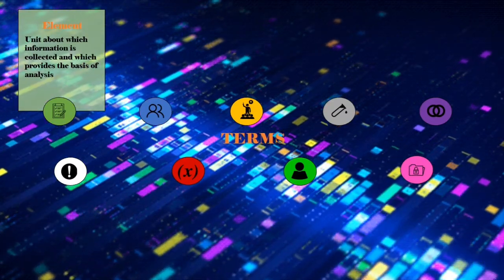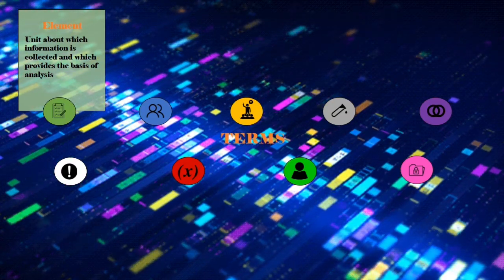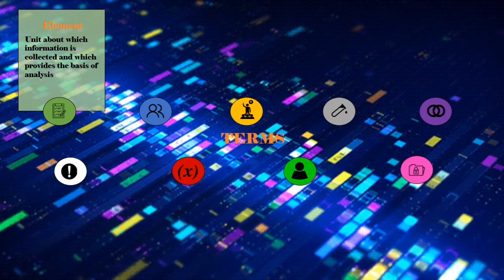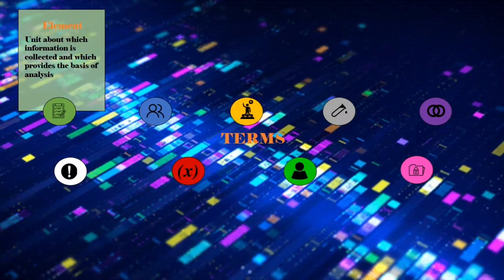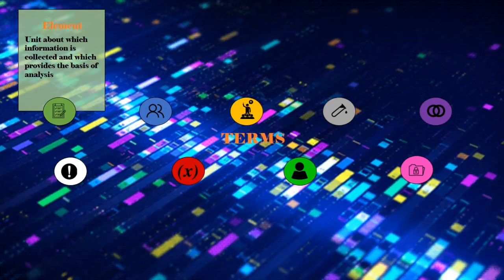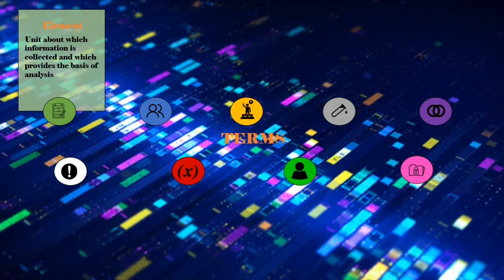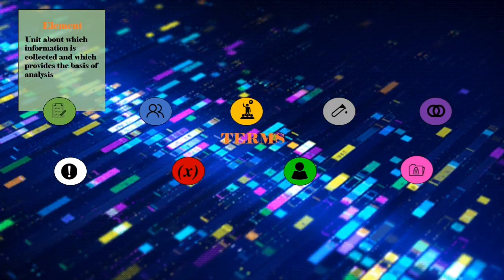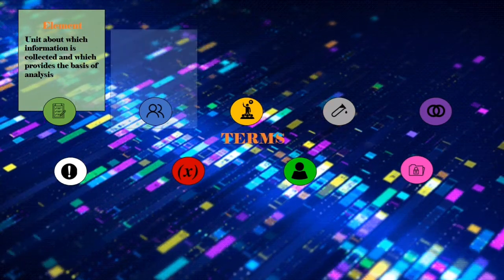This is a unit about which information is collected and which provides the basis of your analysis. So this element is actually the basic unit that represents what is being sampled and from which survey data are to be gathered.